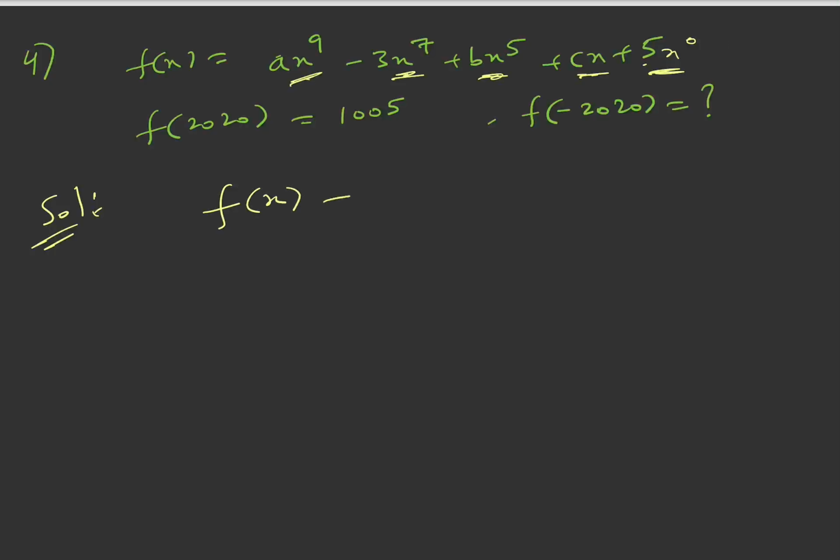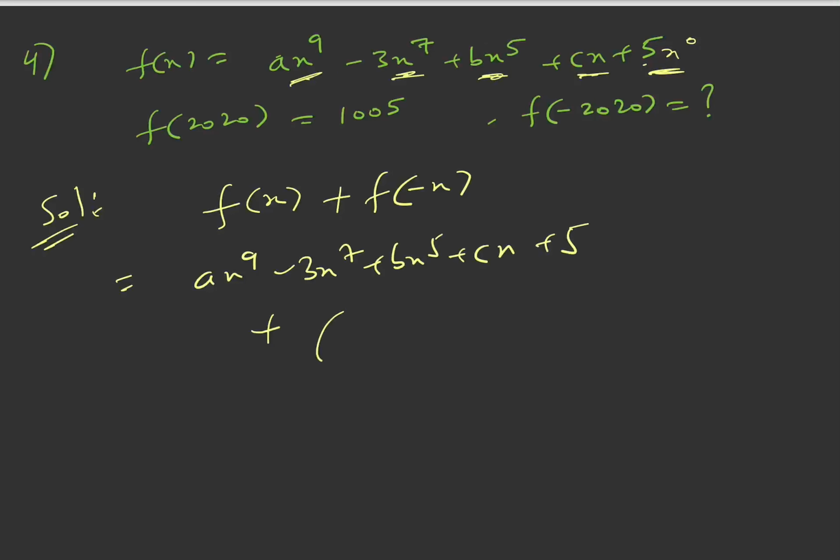So if you find f(x) + f(-x), right, so f(x) is ax^9 - 3x^7 + bx^5 + cx + 5, and f(-x) will be -ax^9 + 3x^7 - bx^5 - cx + 5.